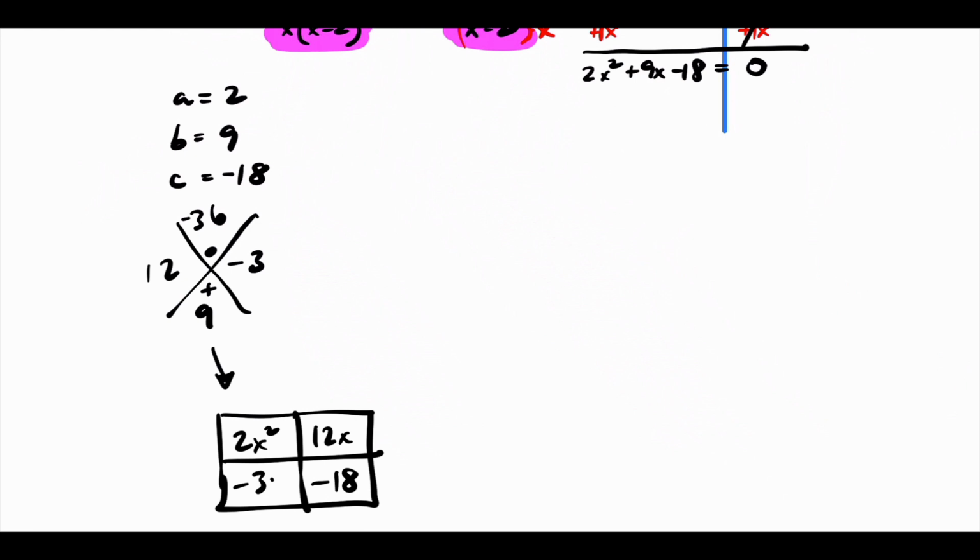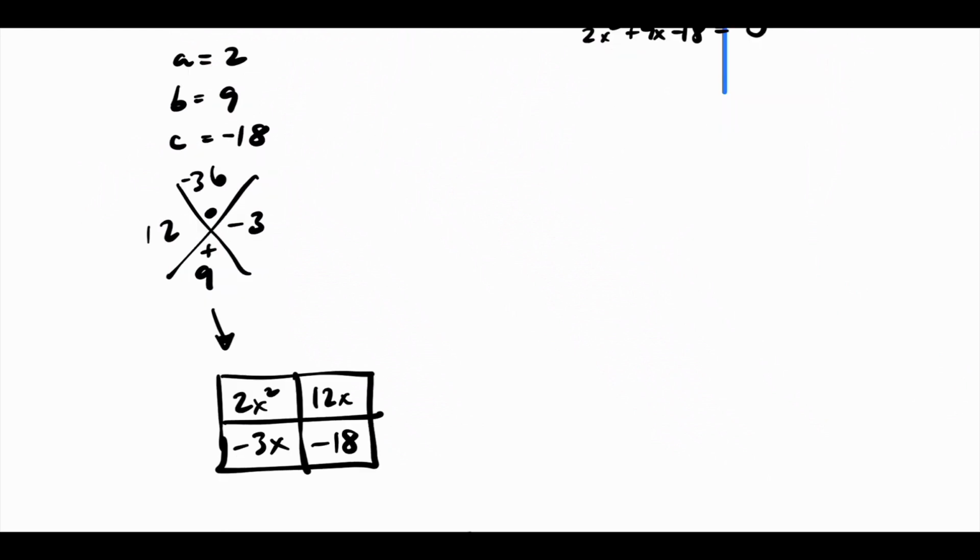12x minus 3x. Okay, so one of them has to be a 2, one of them has to be a 1. I think 2 is going to be over here. It's going to make a plus 6 and a minus 3.